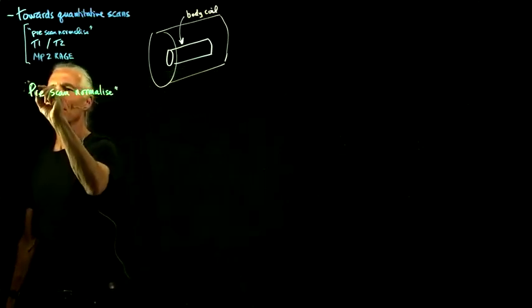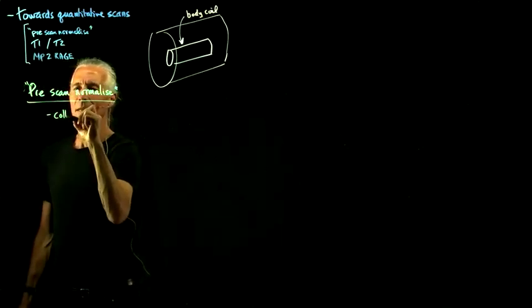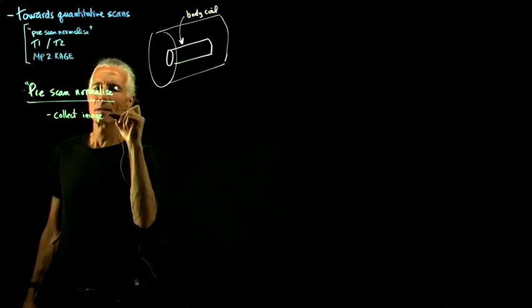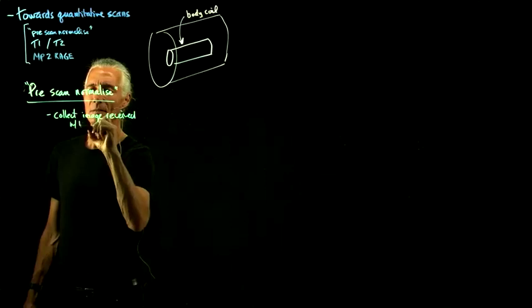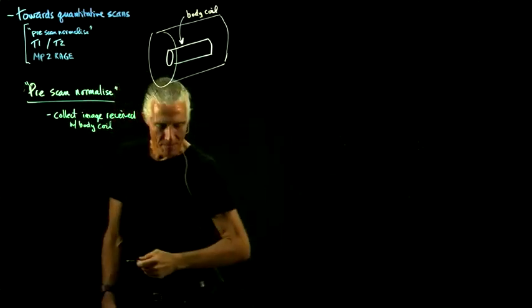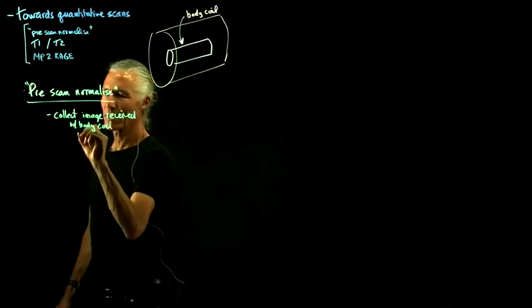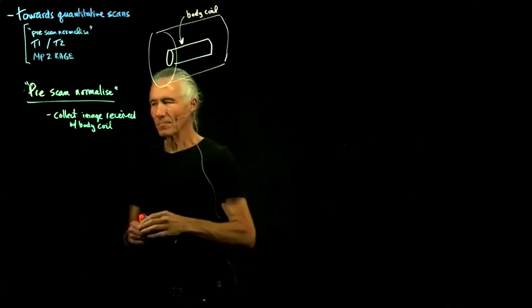If you do PreScanNormalise, you just collect an image received with the body coil, also transmitted. Now it doesn't have to be a very high resolution image, and that's why you can get away with recording something that's very, very quick.